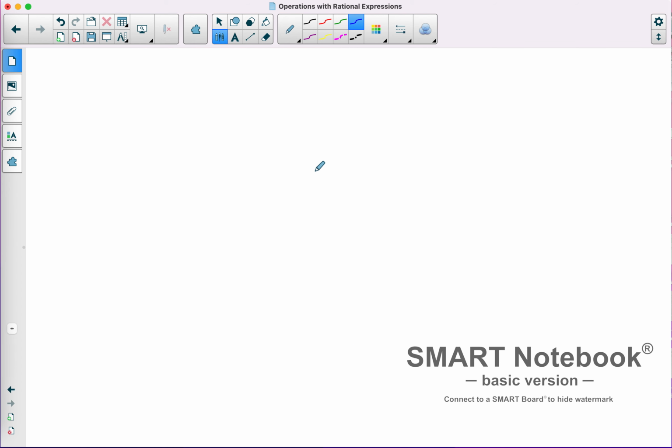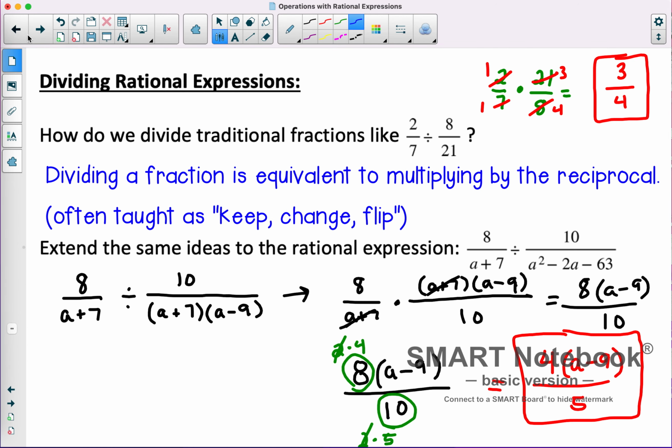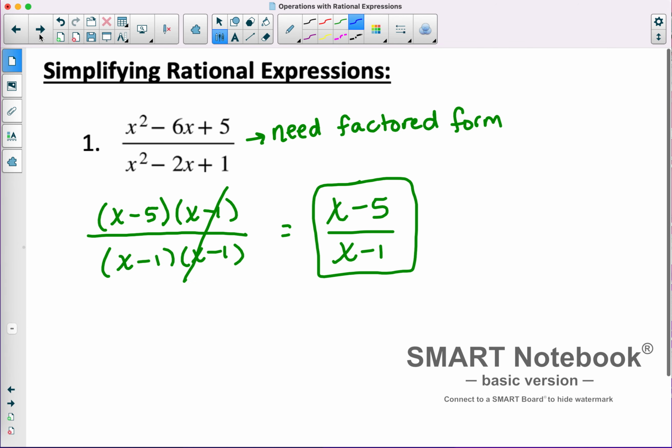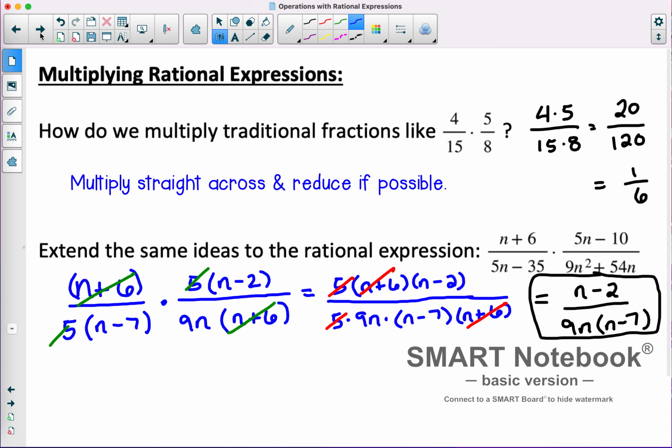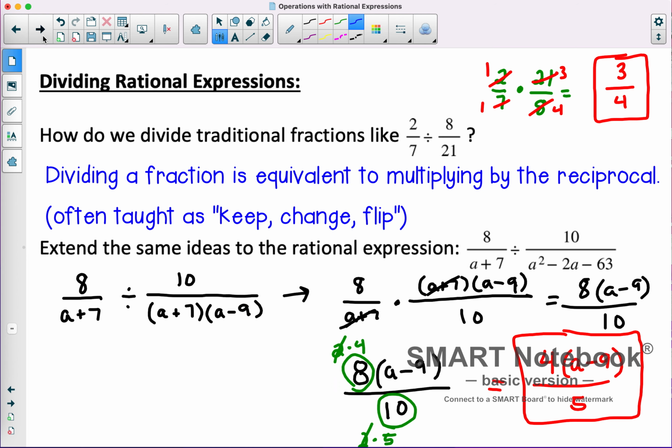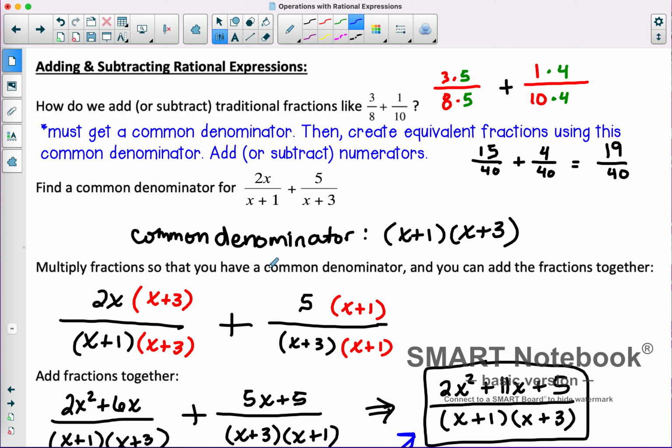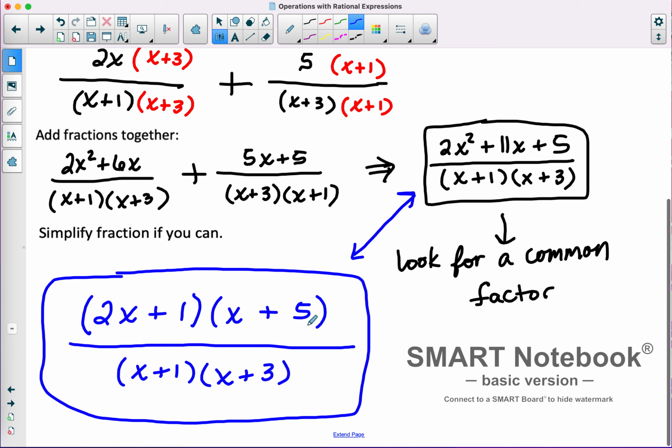All right, so all of the fractions can be done the same way as regular fractions, whether we are adding, subtracting, multiplying, or dividing. The one thing I do want to remind people about, let me go back to addition, is subtraction. So when we're subtracting, you want to be careful with that subtraction because you're subtracting the entire numerator. If I look at this one again, so let me bring this to another slide here.